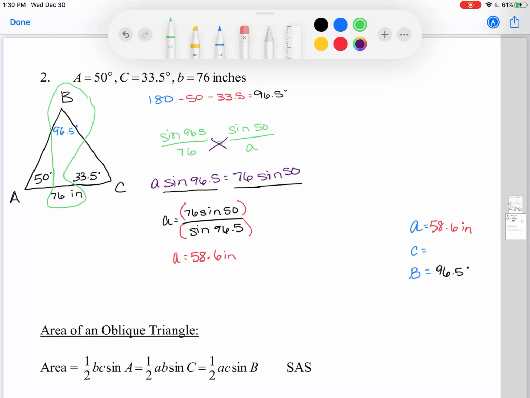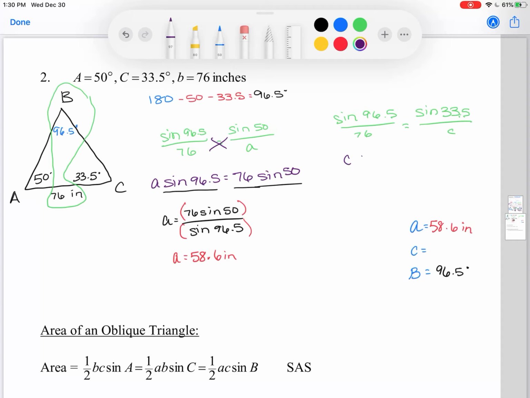We get to do the same thing for C, keeping the same matching set, 96.5 over 76, but this time I'm going to set it equal to sine of C, which was 33.5, divided by lowercase c.